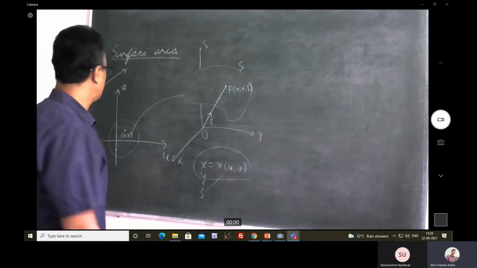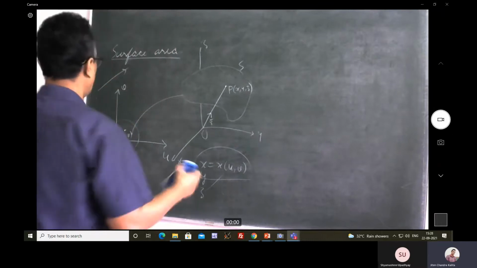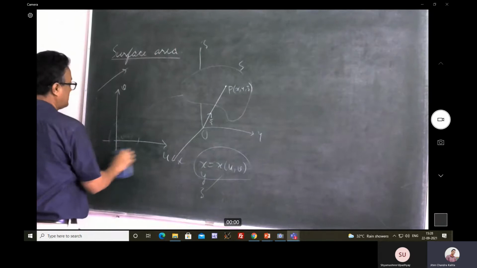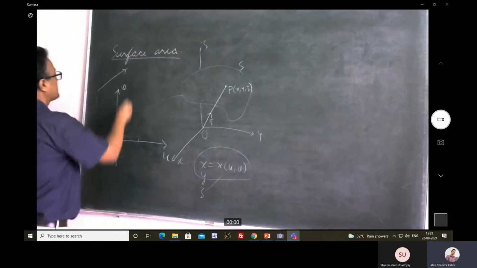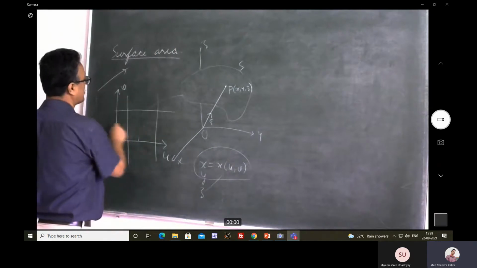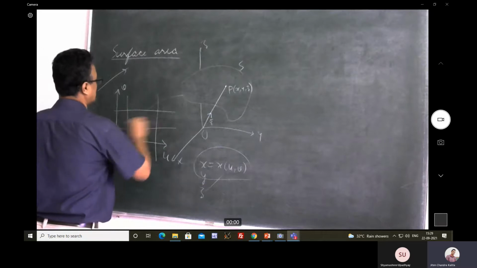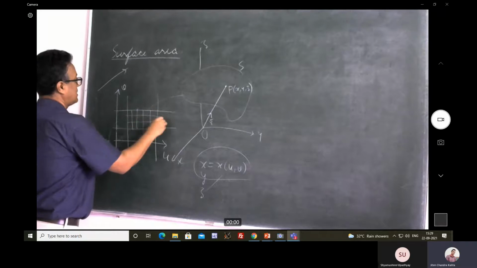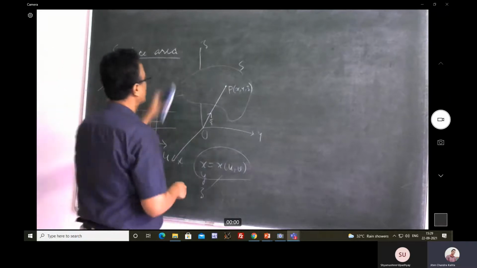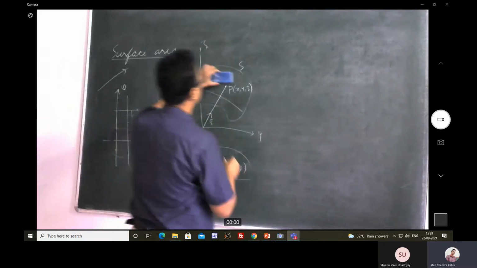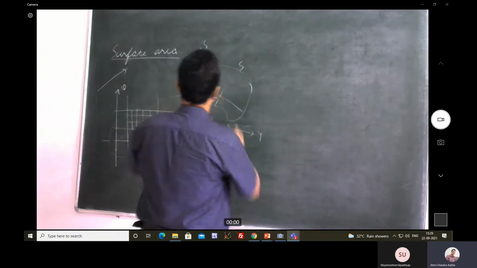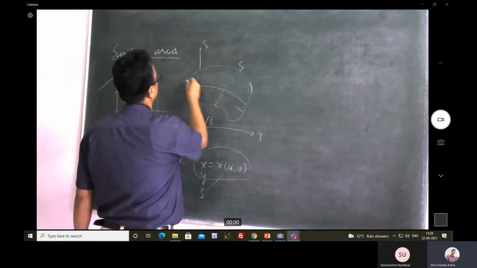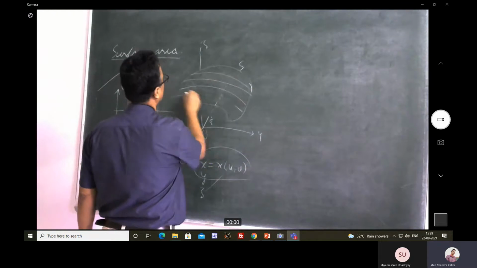Now, if you further recall, when we defined the surface integral, we considered a rectangular domain here. And then we divided this rectangular domain into some sub-rectangles, and corresponding to this, I was getting curves on this surface.